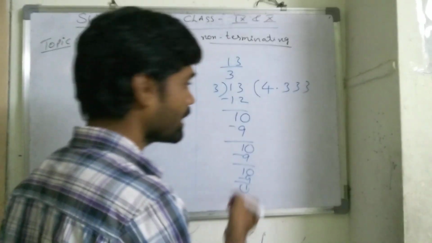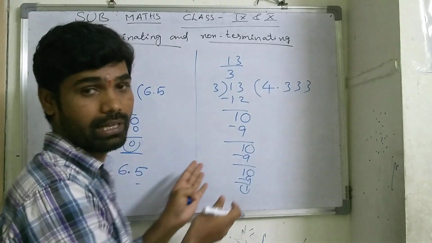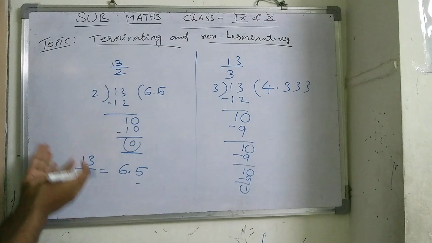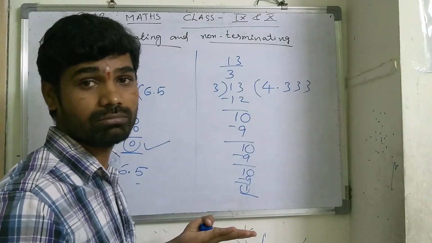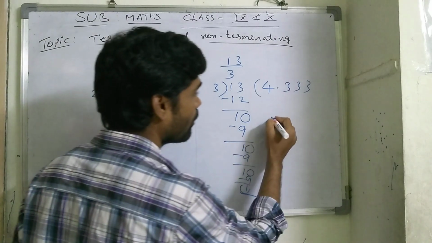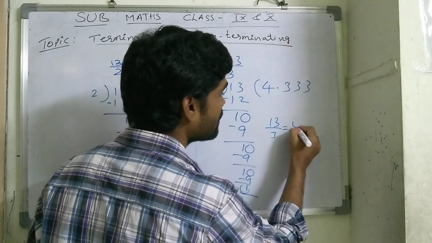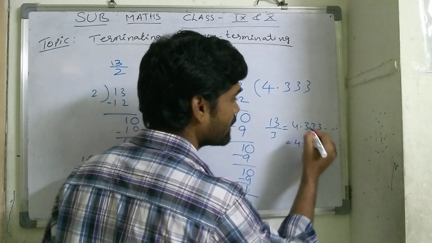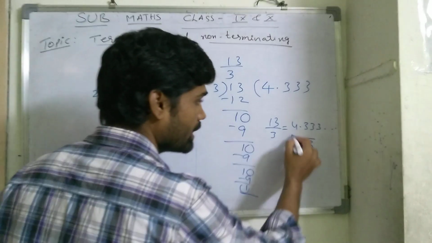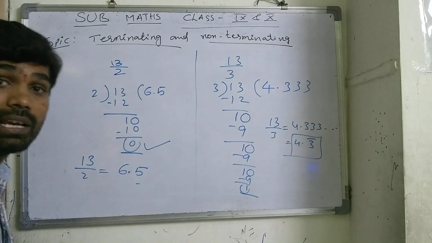So what you understand here, the division is not ending. The division ends when the remainder is 0, but here the remainder is not 0. So 13 by 3 is equal to 4.33333, which is 4.3 bar, occurring again and again.